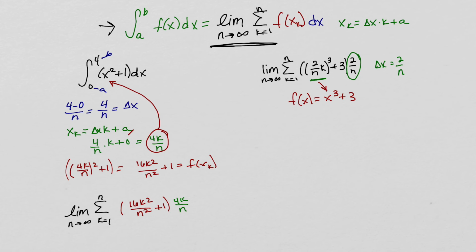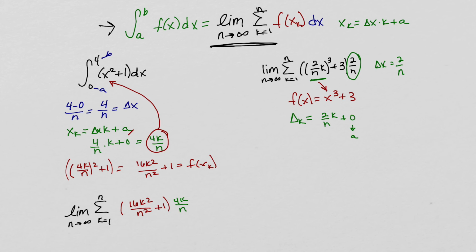So then that would tell me that my x sub k looks like it is 2 over n times k, which would imply that we would have a plus 0. So that would tell us that a equals 0.